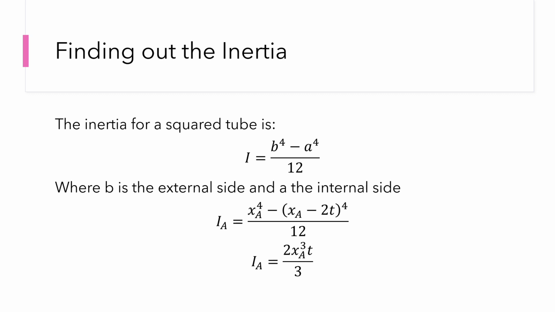Now, doing some calculations, as you can see, we can consider that the inertia will be 2 multiplied by x to the power of 3 multiplied by t over 3, because we are considering that every single t that is to the power of n bigger than 1 is going to be 0 or neglected.